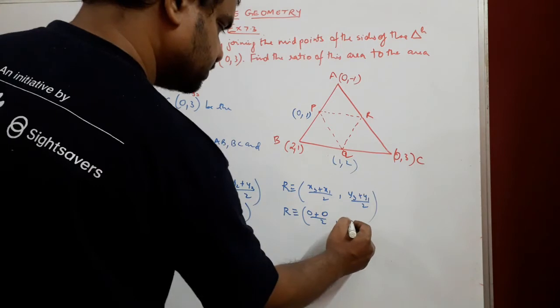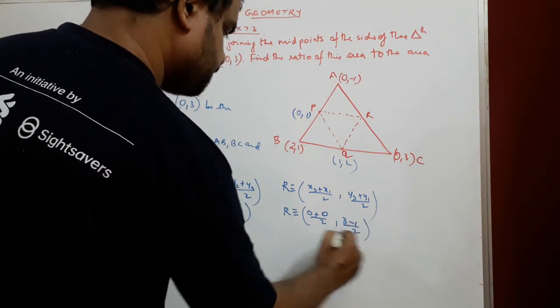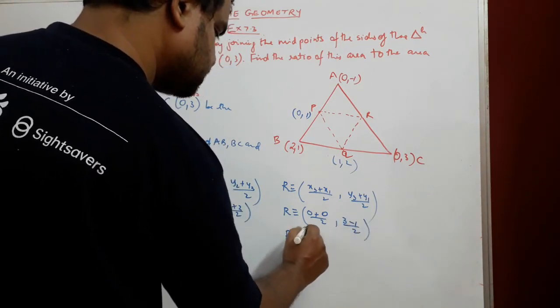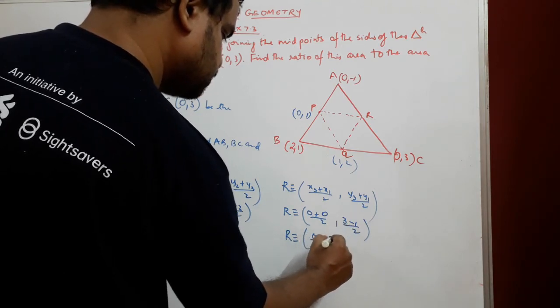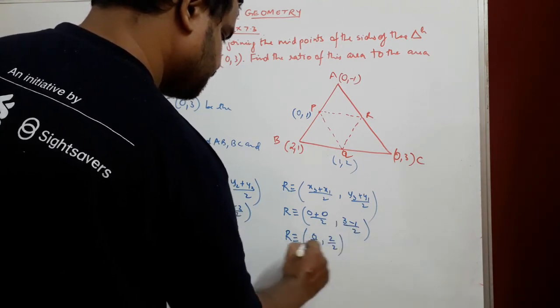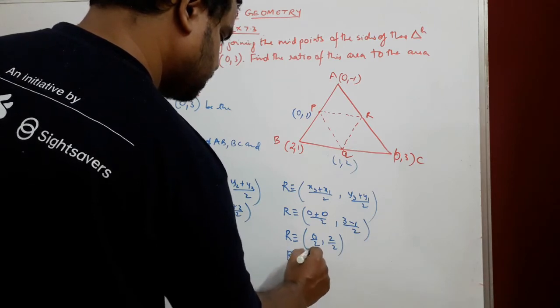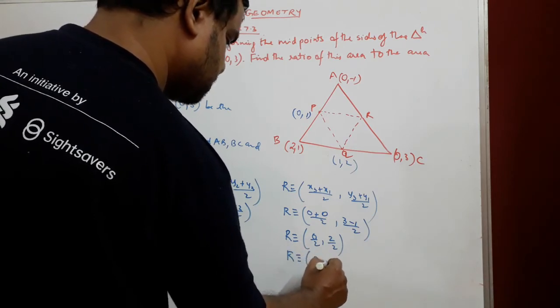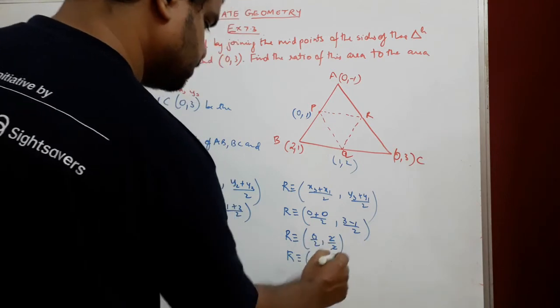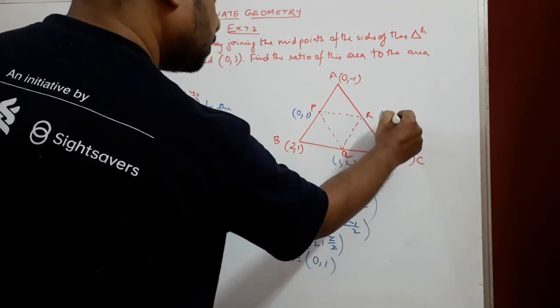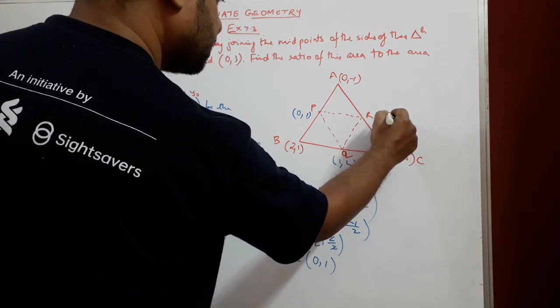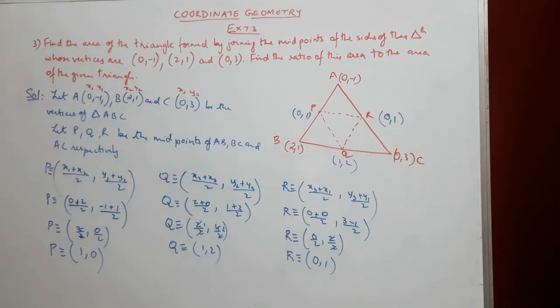So I'll just put minus 1 over here upon 2. That gives us 0 upon 2, comma 3 minus 1 is 2 upon 2. Finally we get R is 0, comma 1, because 2 and 2 cancel, 0 upon 2 is 0. So R is also 0, comma 1 like P.